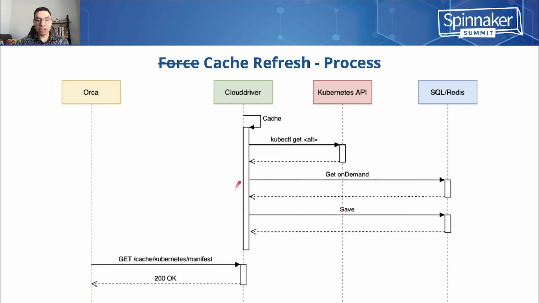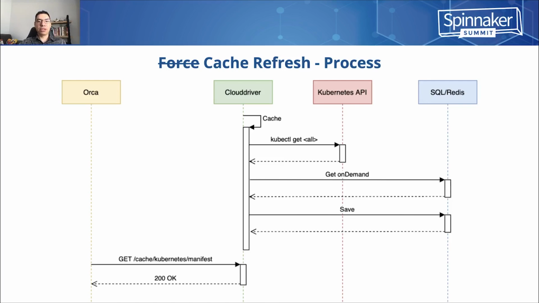Then the caching agent merges the on-demand objects with the full infrastructure objects and finally saves everything to persistence. And only at this point is the on-demand object processed. So the next time that Orca requests the on-demand objects from the cache, it will see that this one was already processed and can proceed with the rest of the pipeline execution.